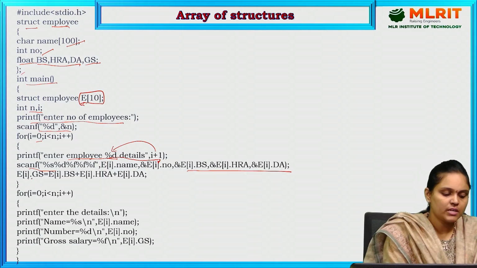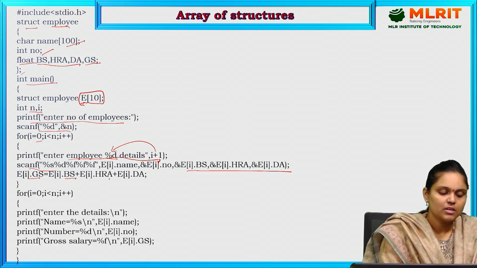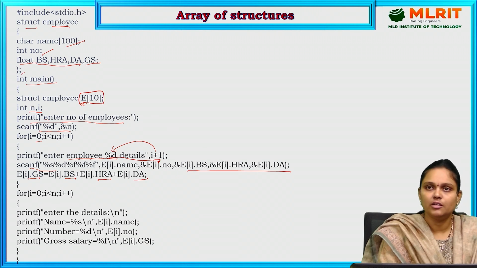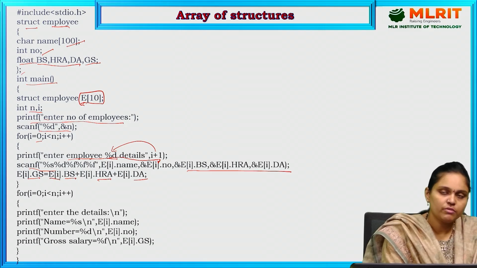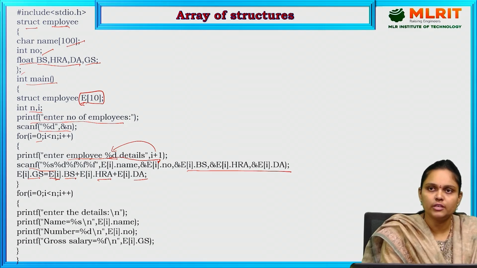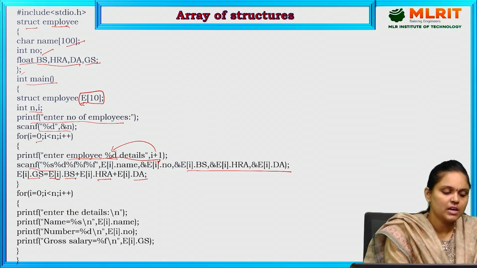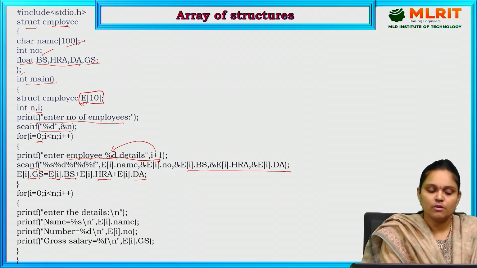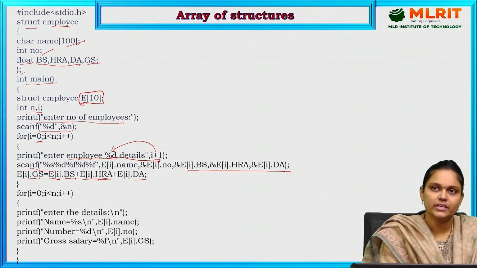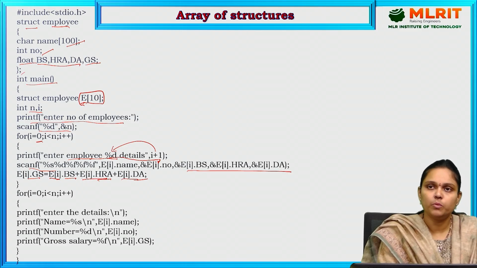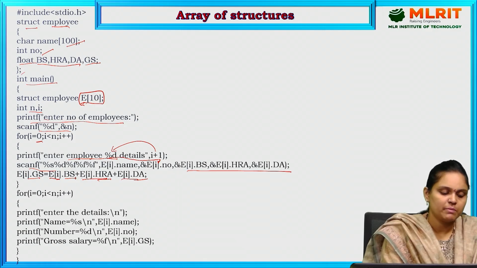Next we find the gross salary. Gross salary is basic salary plus HRA plus DA. We cannot access those variables directly, so we include the structure variable E of i. E of i means the i value, which is initially 0. So E of 0 dot BS plus E of 0 dot HRA plus E of 0 dot DA means we access the first employee's basic salary, HRA and DA values and add them using the plus operator.